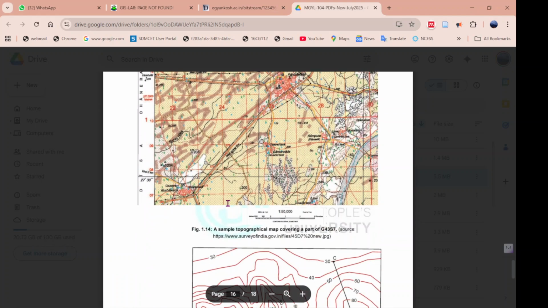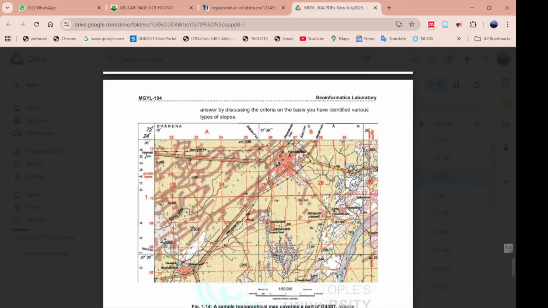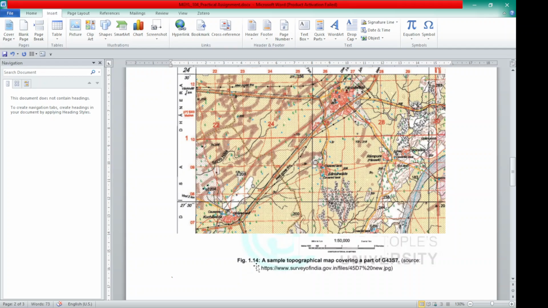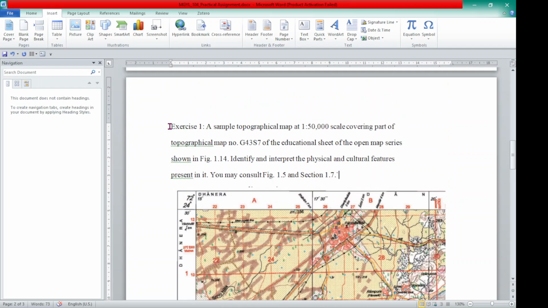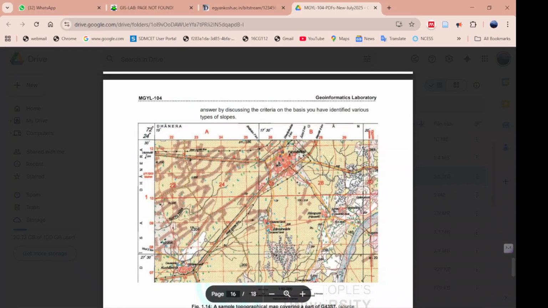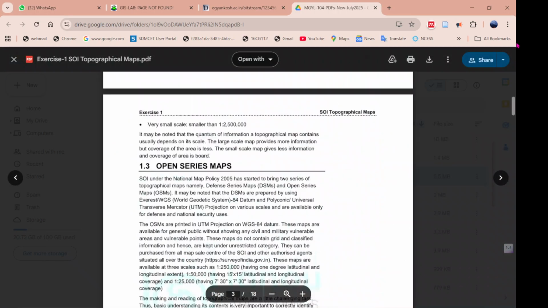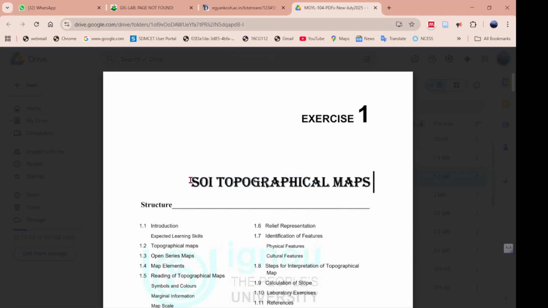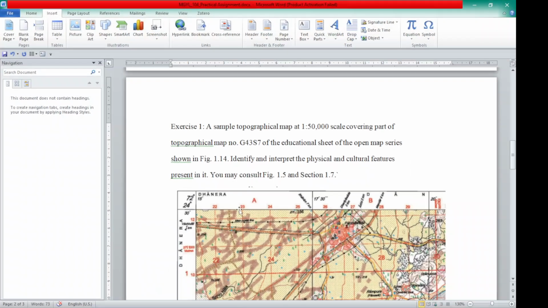So the first thing that we will do is we will go ahead and copy this particular picture or photograph or screenshot and paste it over here. So we have already pasted the reference figure that we require. Let me quickly also note down the exercise, that is exercise 1, survey of SOI topographical maps.